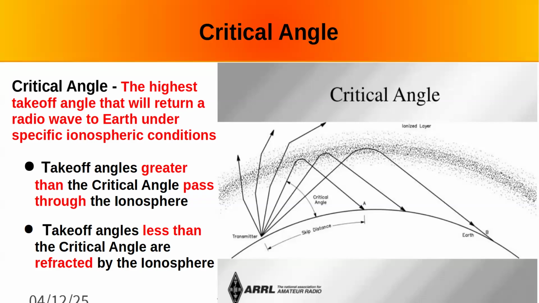And this is kind of showing the skip distance, which obviously increases with the takeoff angle. So you want the lowest takeoff angle that you can get for the maximum hop.